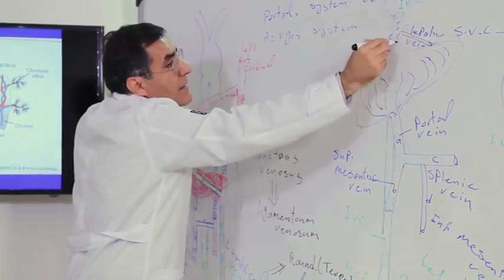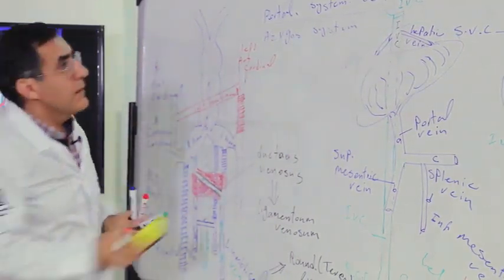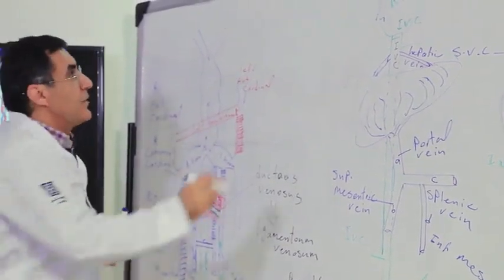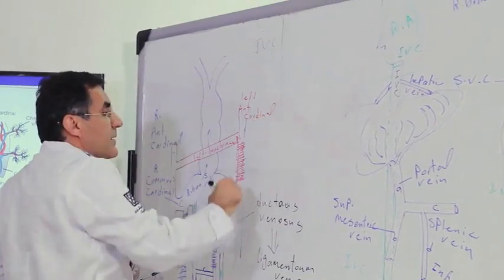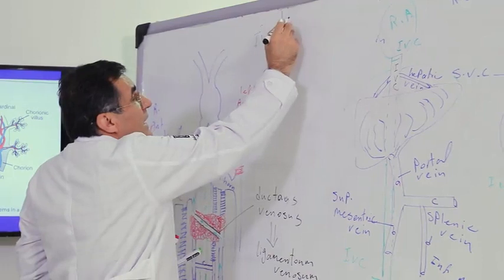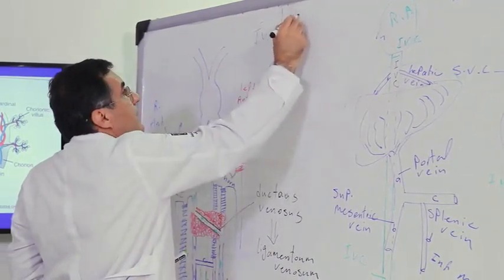This is the IVC. If you compare, I write here, because the portal system is finished: the IVC is a complex vein made by many sources. One source for the IVC is the hepatic segment.